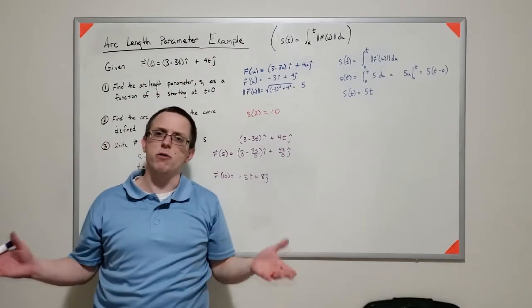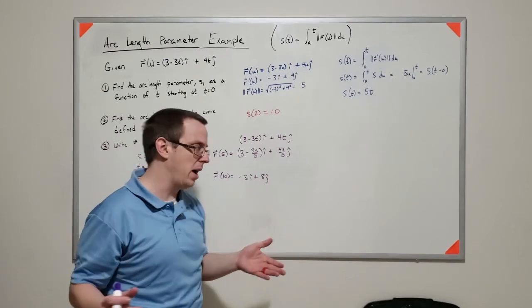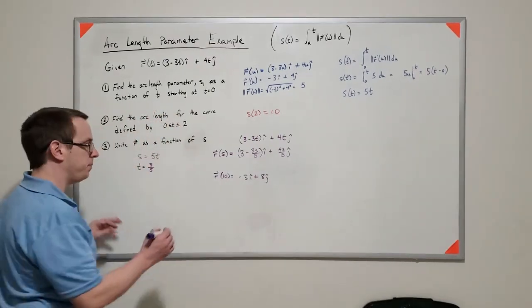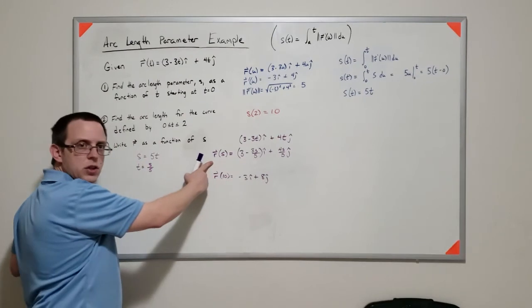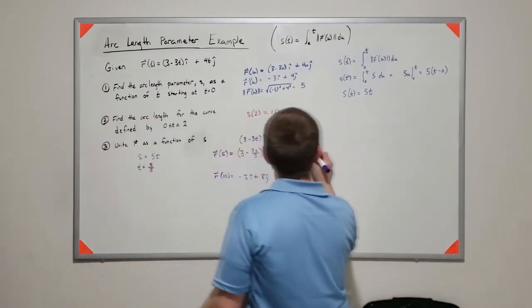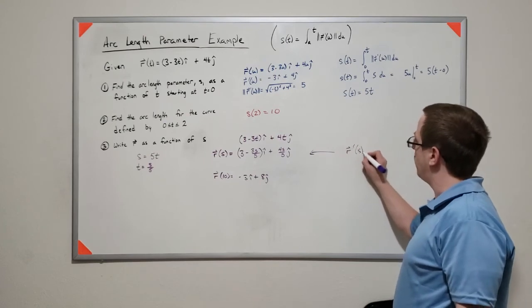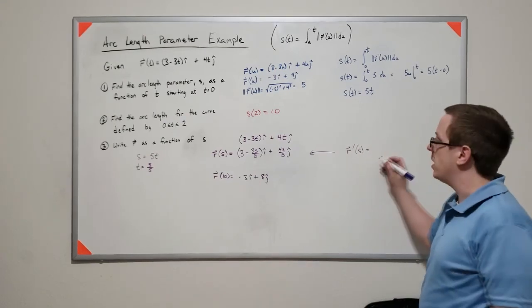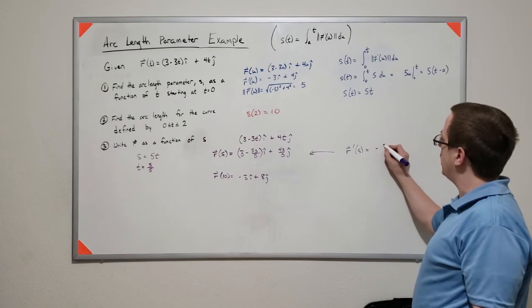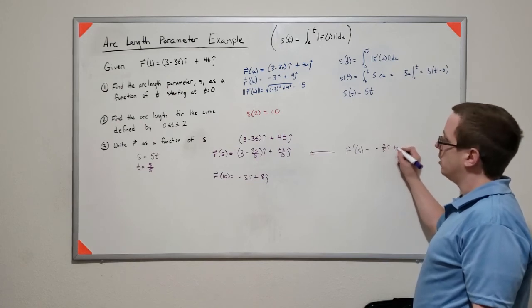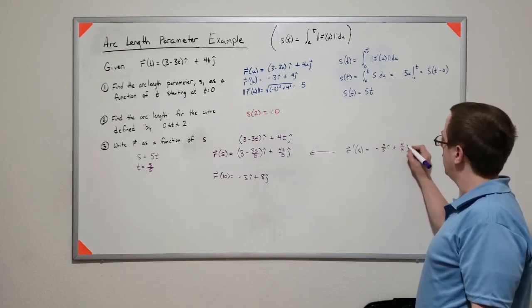Now you might ask yourself, why in the world do I care about this? Why does that matter? Well, it matters for this reason. I have this r as a function of s. If I get r prime of s, then I end up with negative 3/5 i plus 4/5 j.